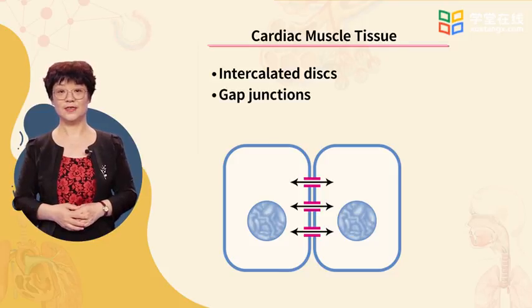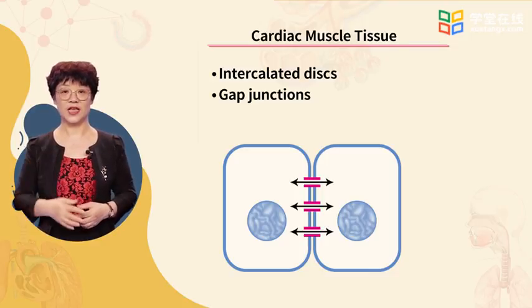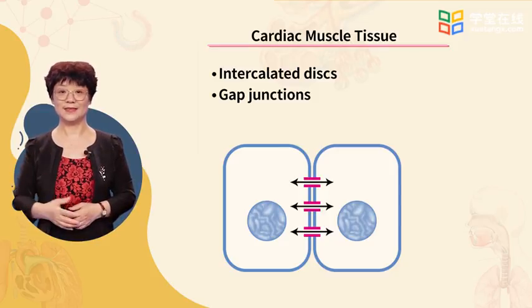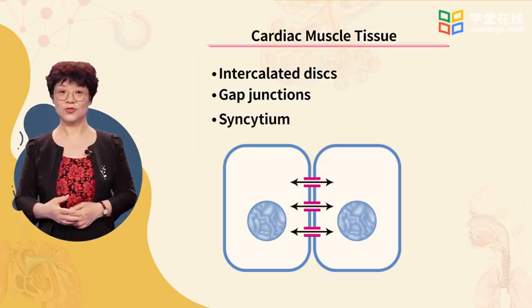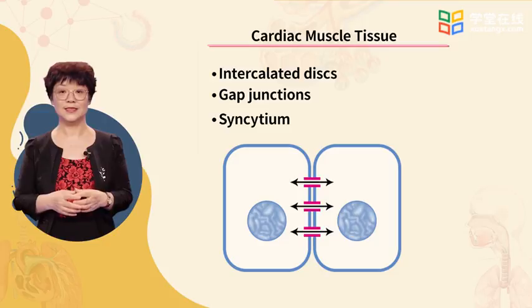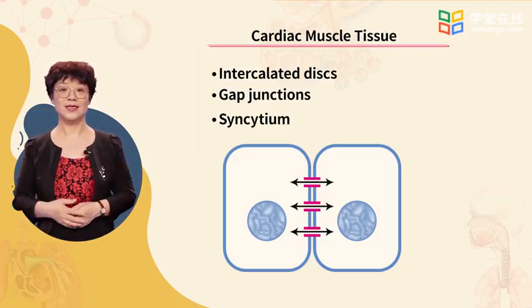Gap junctions at each intercalated disc are permeable to ions and allow rapid conduction of an action potential from one cardiac muscle cell to the next. And so, all the cardiac muscle fibers contract and relax like a single unit called a syncytium.